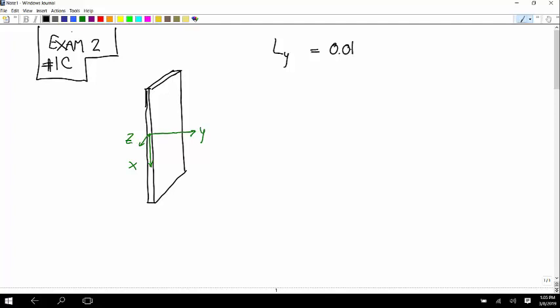Then in the y direction, the starting thickness in the y direction is 1 centimeter. And we calculated already that the deformation in the z direction, the strain, is negative 1.85 times 10 to the minus fifth.